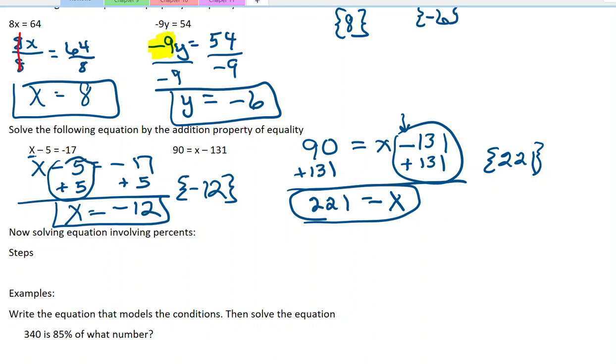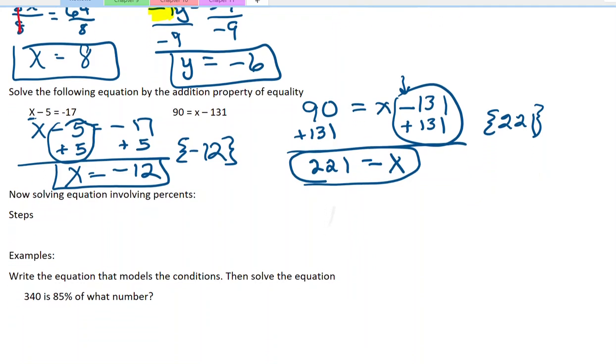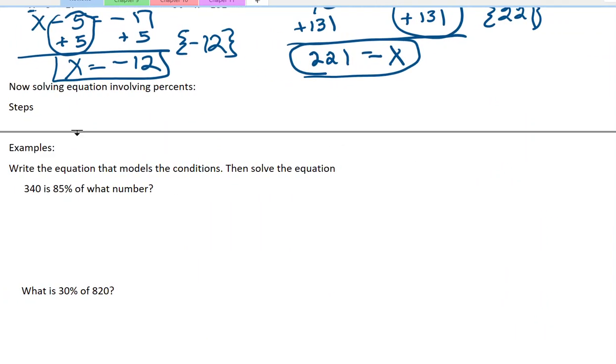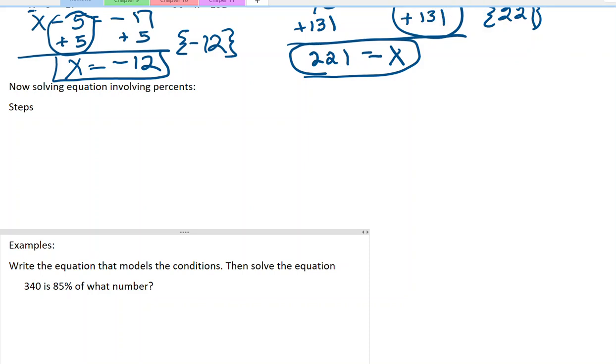Right. Now this next problem involves what we'll be doing in section 8.1, and I'll go over it again in the video in the next homework. This one is solving equations involving percents.